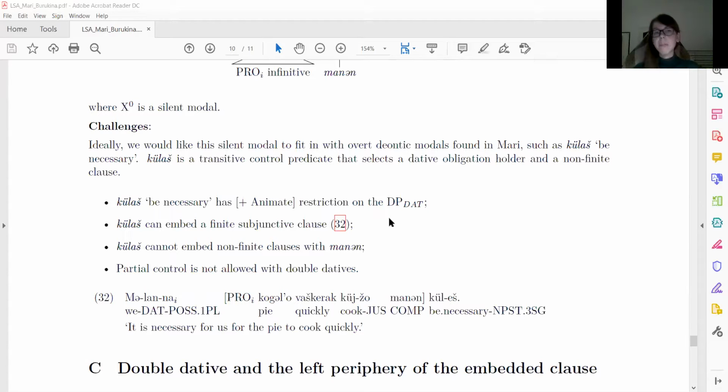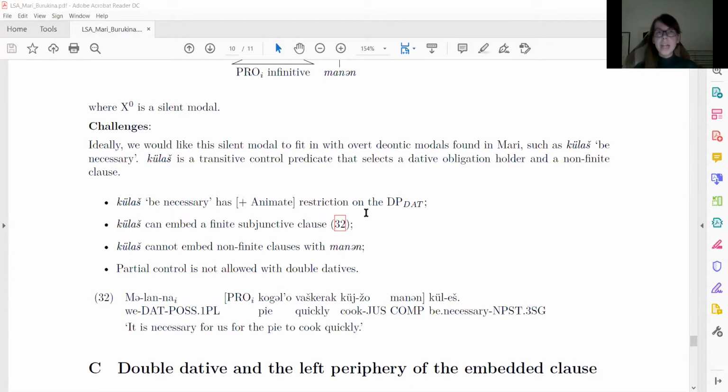They can also embed finite subjunctive clauses, and that is completely prohibited in our double dative constructions. They also cannot embed non-finite clauses with manen, and again, manen is possible in our double dative constructions.